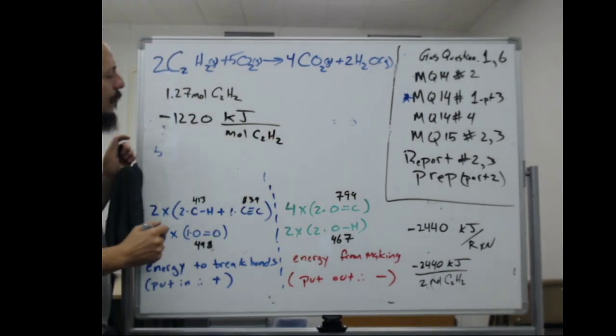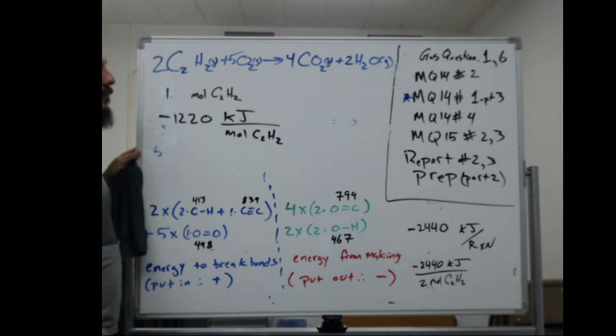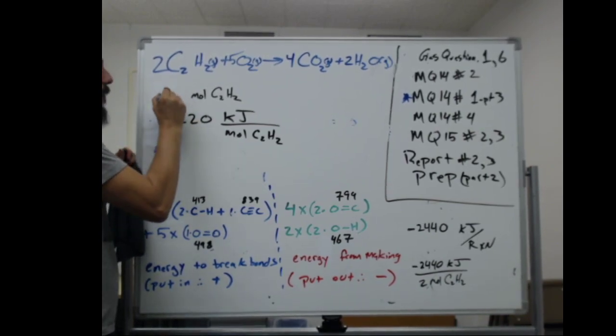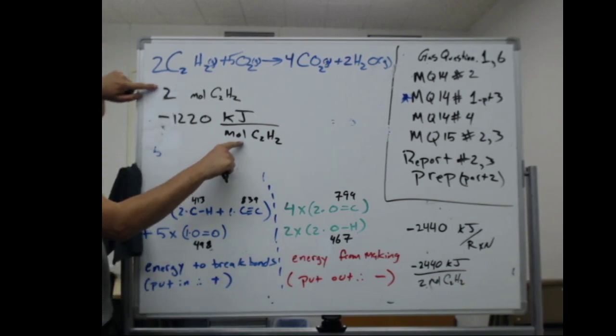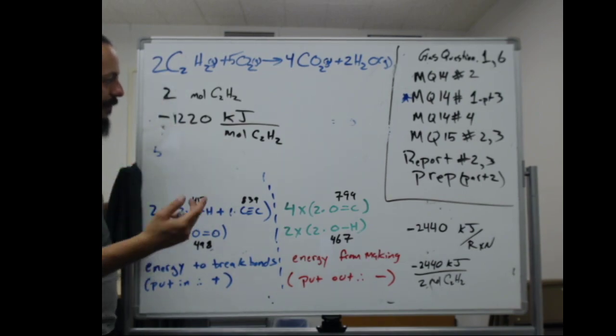C2H2. So, if this was just 1, how much energy would be released? That much. What if this was 2? You divide it, right? Oh, look at the units. Multiply. Yeah, so you're just going to multiply by 2.